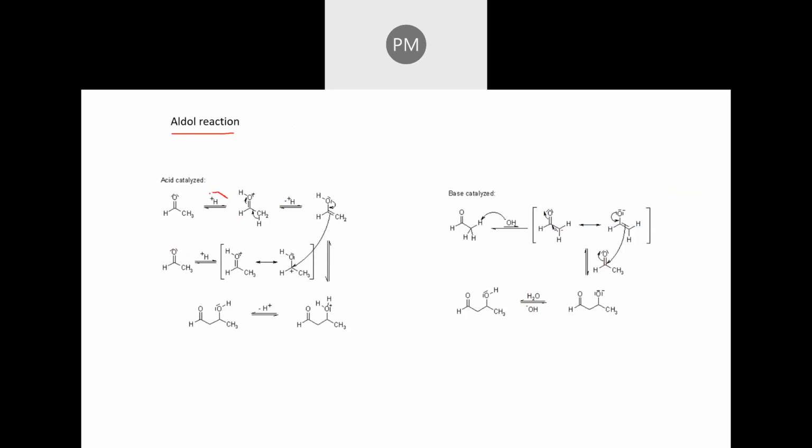For the acid catalyst, first the acid from any HCl or anything. This acid H plus proton is abstracted by this carbonyl center. So now this carbonyl center has OH, then this hydrogen transfers its electron here and this OH is removed, so we are getting CH2.